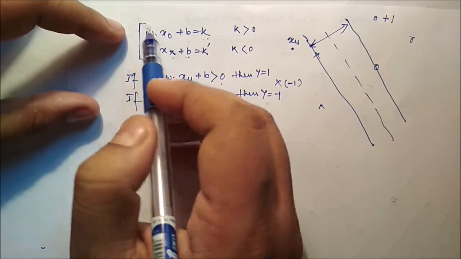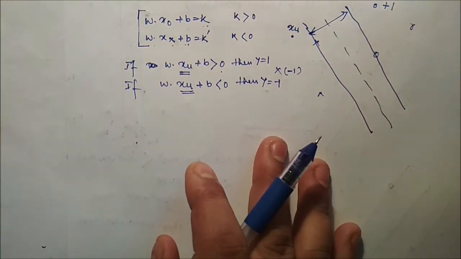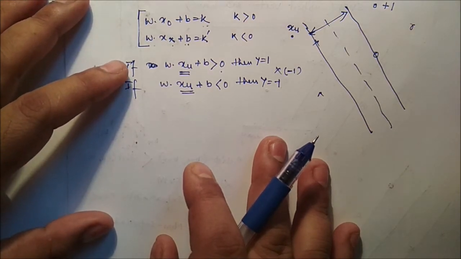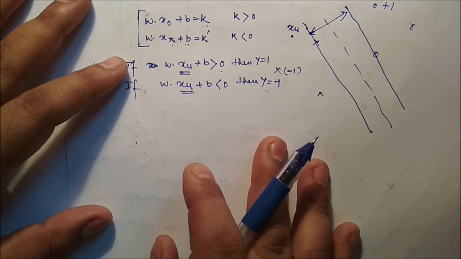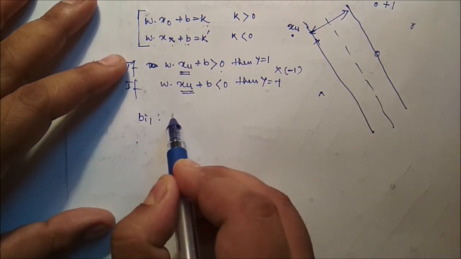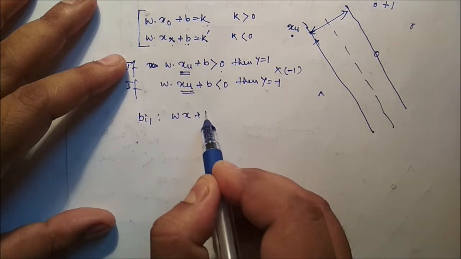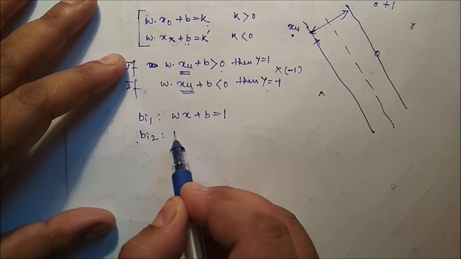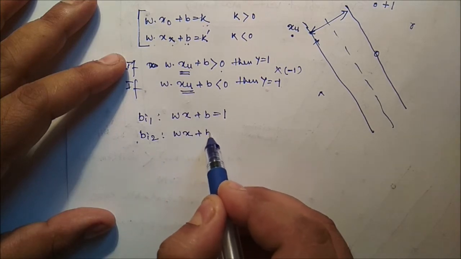Now we can rescale the parameters w and b of the decision boundary, so that the two parallel hyperplanes bi1 and bi2 can be expressed like this: bi1 is wx plus b equal to 1, and bi2 is wx plus b equal to -1.